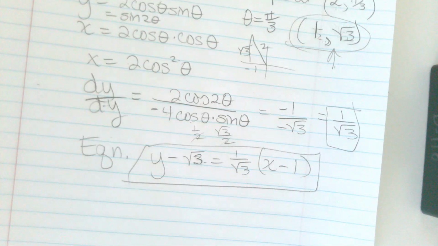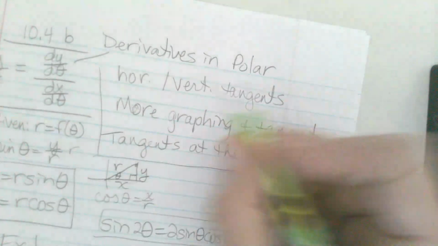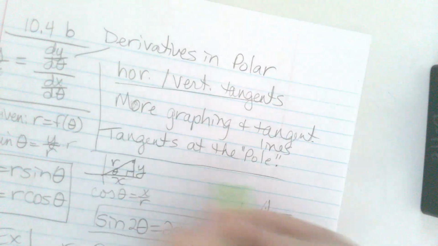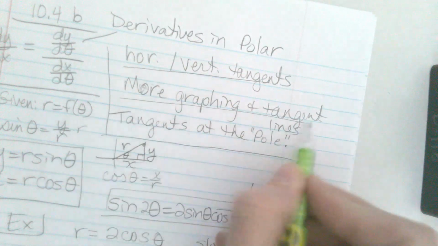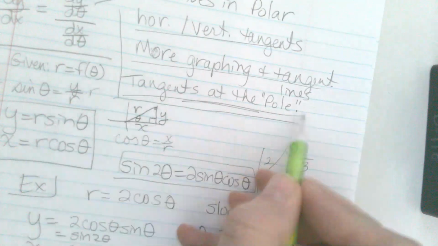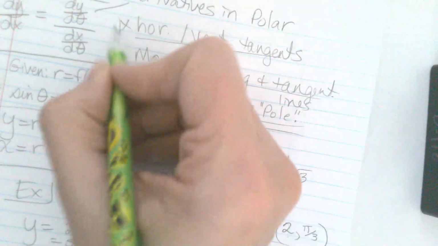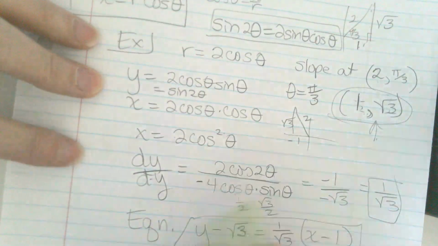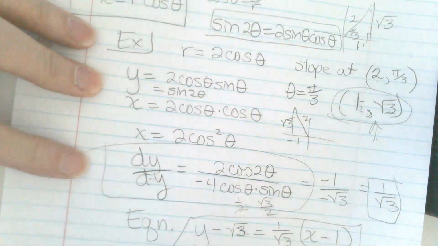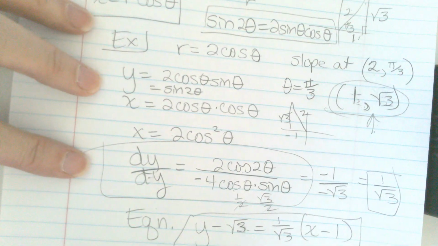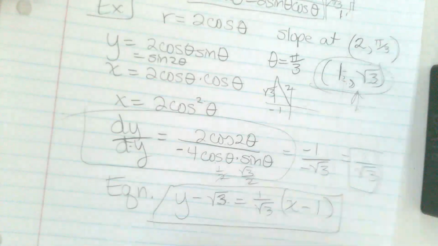Sketch a graph of the polar equation and find the tangent at the pole. So we need vertical and horizontal tangents. We graphed, we did a tangent, so we need the tangents at the pole, and we need the horizontal and vertical tangents. If I just have my equation right here, how would I figure out where the tangents are vertical and where they're horizontal?